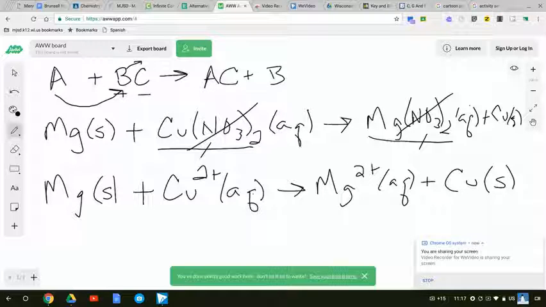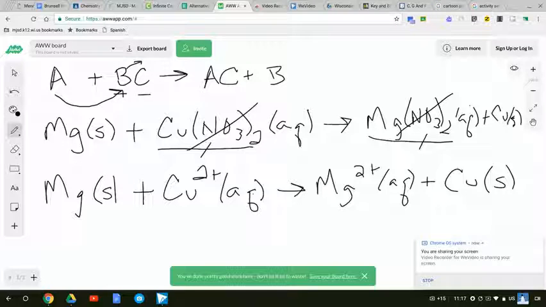In fact, we saw this reaction in our activity series lab, where the magnesium replaced the copper. Magnesium is a relatively reactive metal. Copper is a relatively non-reactive metal. And we end up with this. Spectator ions have been removed, and we're left with our net ionic equation.